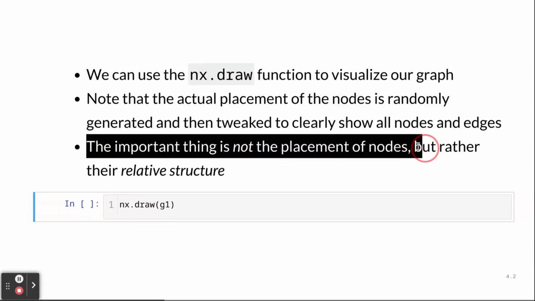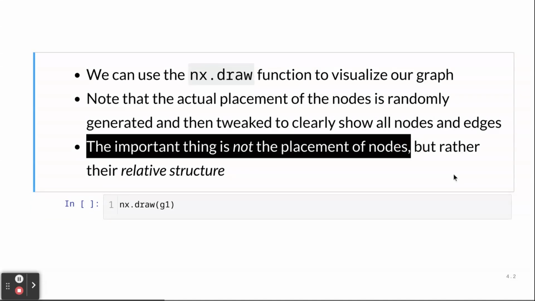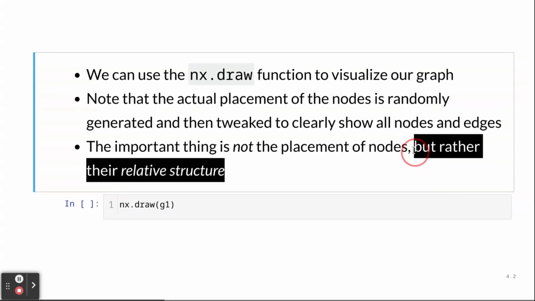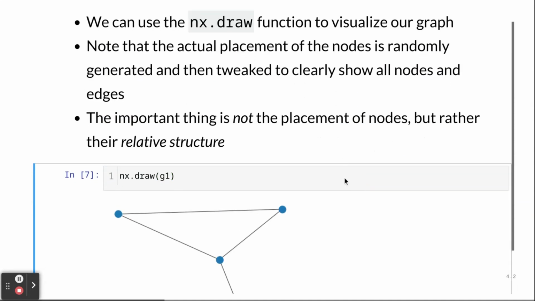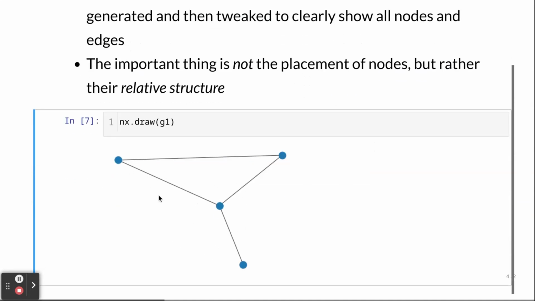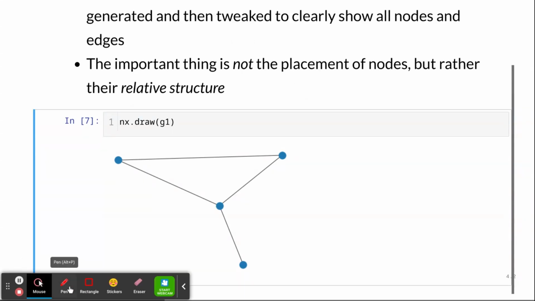The most important thing to know about this type of plot is that the placement or position within the canvas is not important. What is important is the structure, which nodes are connected to other nodes. So when we draw this here, we see that they've basically flipped our previous graph, at least how I drew it before, upside down.